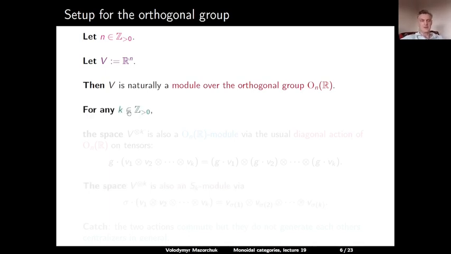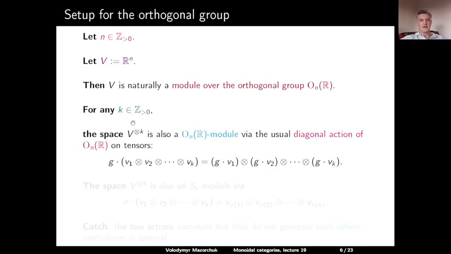Now, for any positive integer k, we can again consider the k-th tensor power of V, and since On is a group, we have a natural action of On on this k-th tensor power of V, which is given by the diagonal action on tensors. So the element g acts on v1 tensor v2 tensor and so on, as g acts on v1, tensor g acts on v2, and so on.